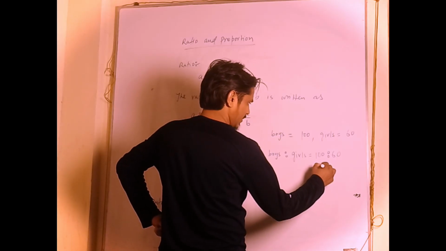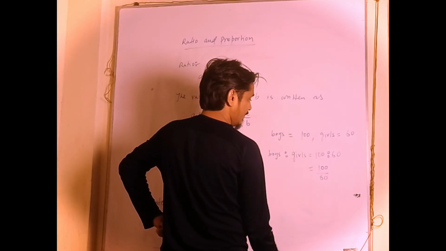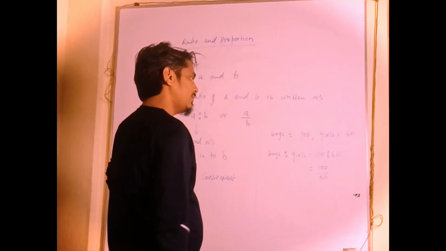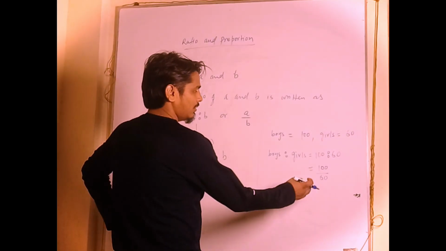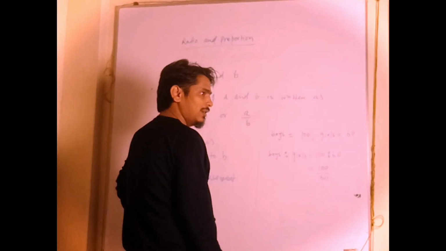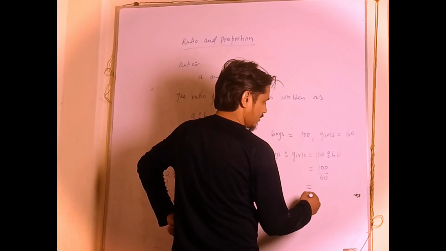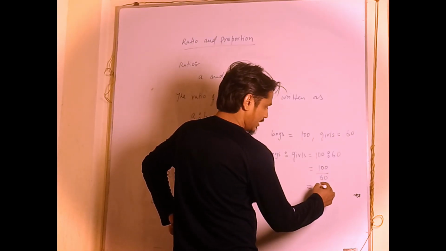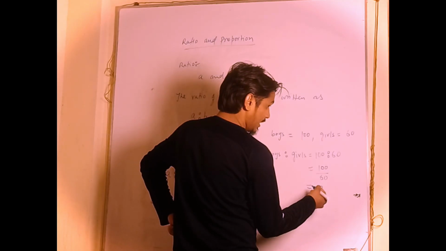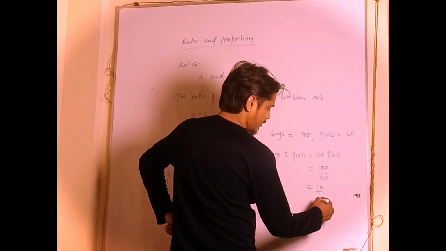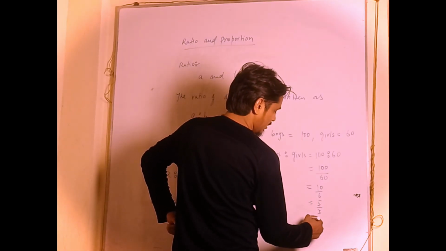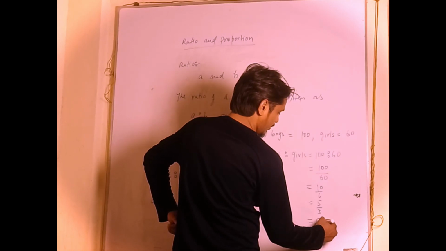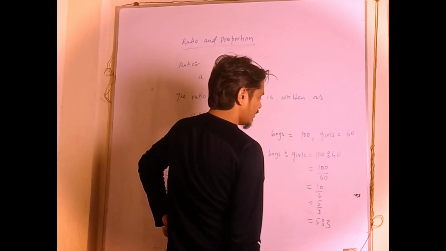This is nothing but 100 over 60, and we can simplify this by cancelling numerator and denominator by common factors. The 0 cancels by 0, so we are left with 10 over 6, which cancels again by 2, so this is 5 by 3, which is equal to the ratio 5 to 3.